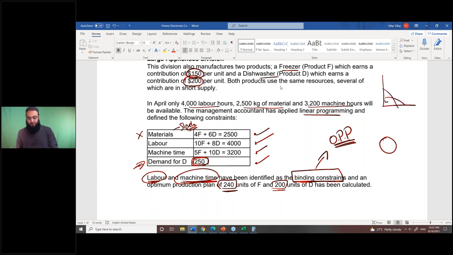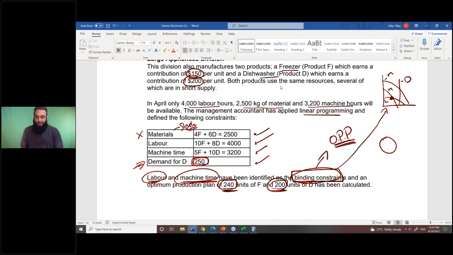If these two are the lines of labor and machine, so here is your optimum point. Now the other two lines may be of material and demand. These other two lines are ones where the optimum answer is not there, because binding constraint means these two are the ones where the optimum point is, and on the basis of these two, you have these answers as well.